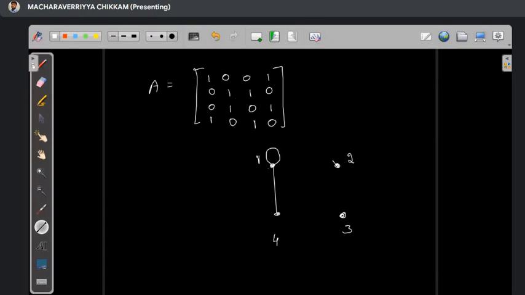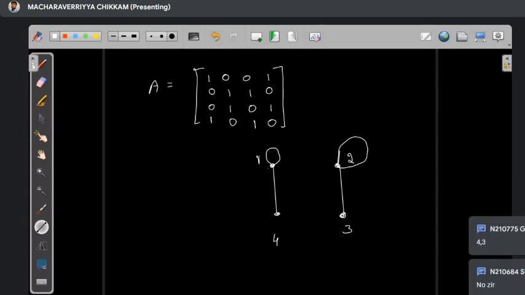There is a loop at 2. And 2 is connected to 3. So 3 is connected to 4. That I have to see. Yeah. 3 is connected to 4. That's it.